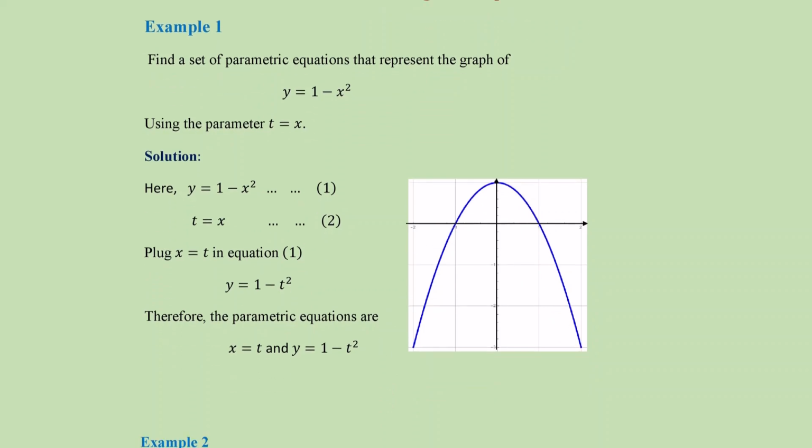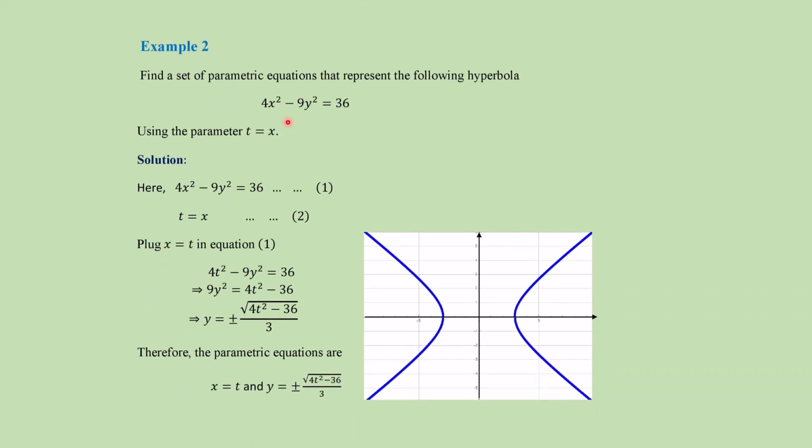Now in the next example, we need to find a set of parametric equations that represent the following hyperbola. This is the equation of the hyperbola. So we need to use the parameter t equals x. Here they said a set of parametric equations. That means we will have more than one equation.